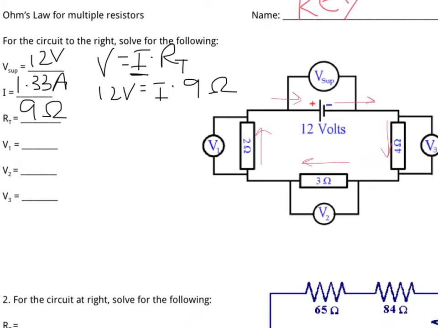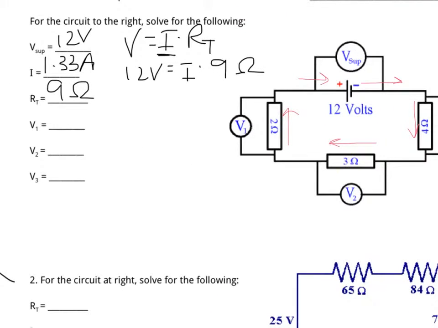So that allows us to make some calculations about individual voltages. The voltage that's experienced over here on what we'll call resistor 1, the 2 ohm resistor, still obeys Ohm's law. It's still subject to the V equals I times R equation, except in this case we're not concerned with the total resistance of 9 ohms. We're only interested in the individual resistance of 2 ohms.